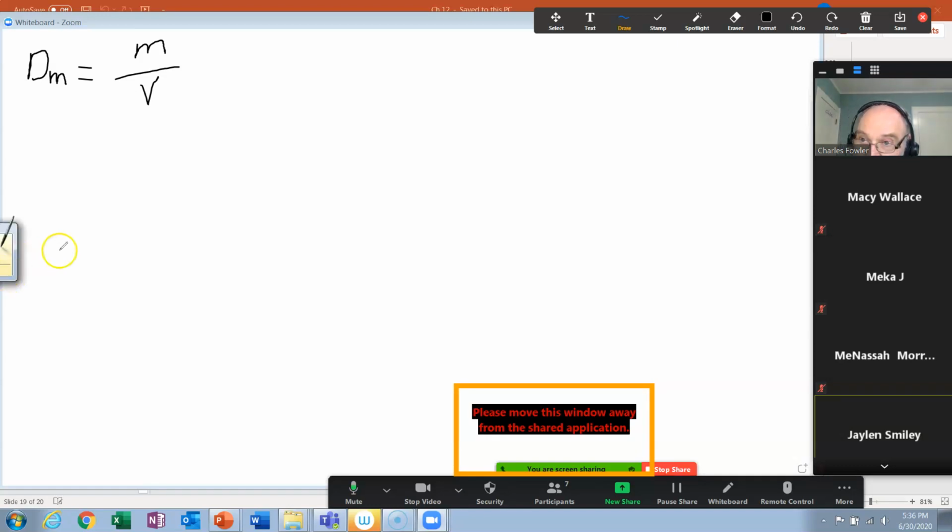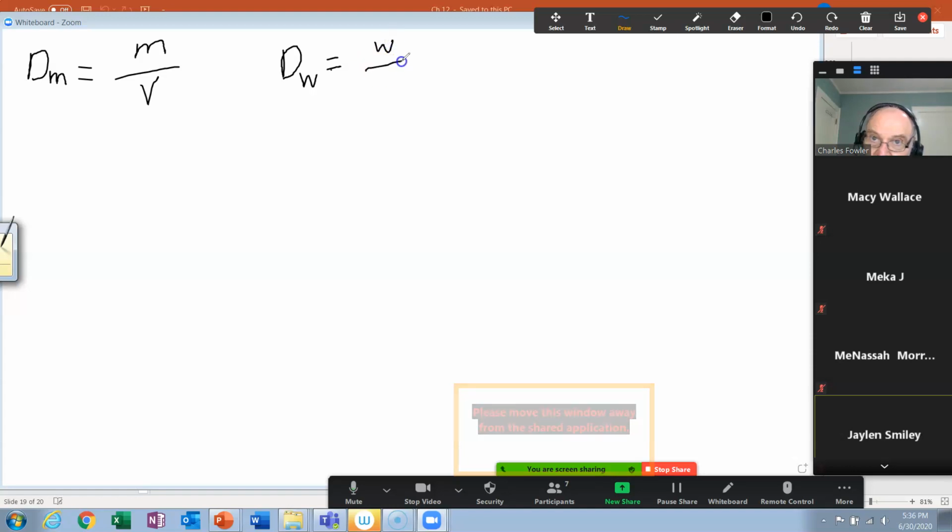Weight density is, I'll write it over here, D sub W, that means weight density, and that is not mass per unit volume, but weight per unit volume. Again, a capital V, okay? Only here it's F sub W, because weight is a force.